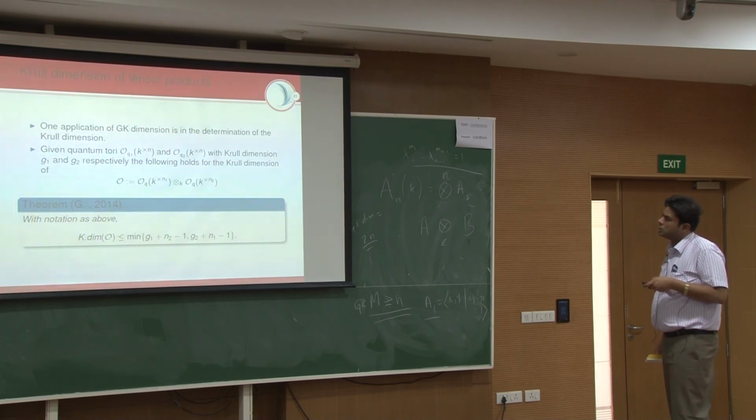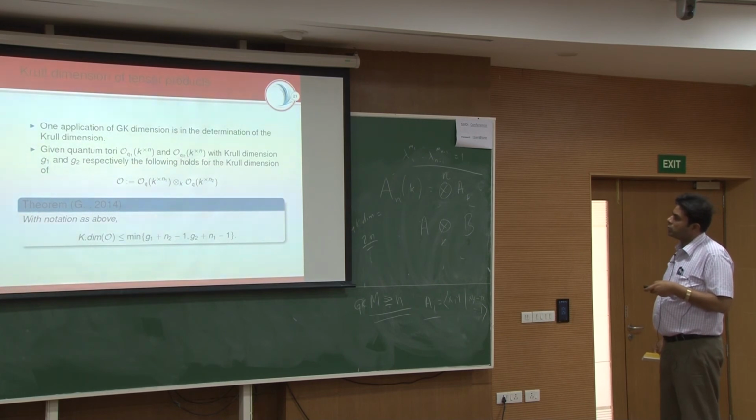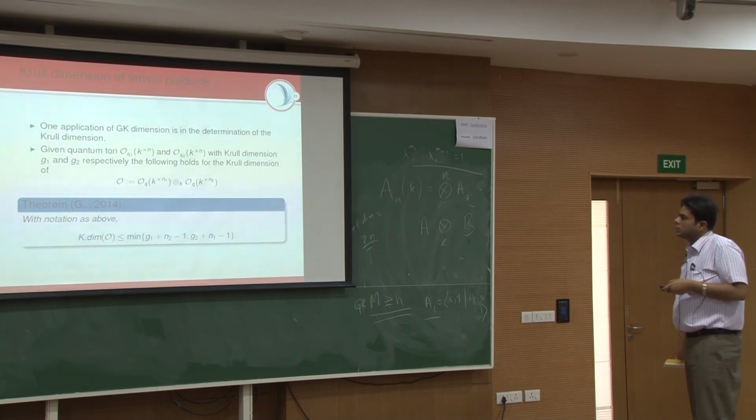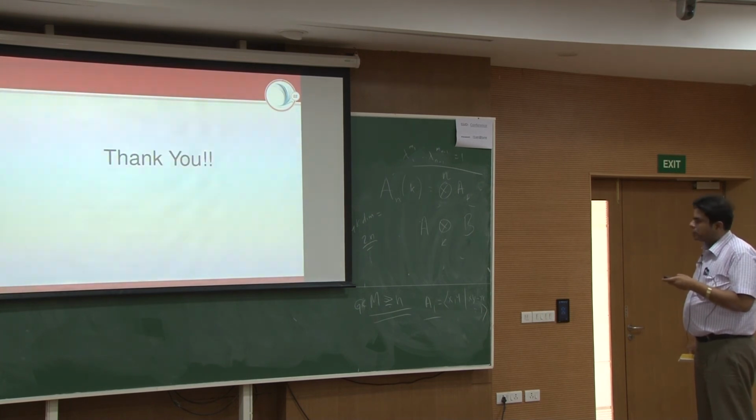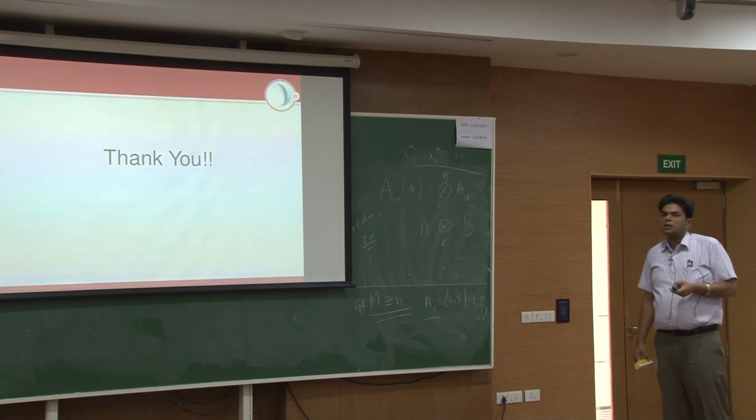This is an N1 torus and this is an N2 torus, meaning a Cartesian product of N1 copies of K cross, where K cross is just the non-zero elements of K. So it is bounded by these two numbers, where G1 and G2 are the Krull dimensions of these algebras. This gives us an upper bound, and thank you for that.